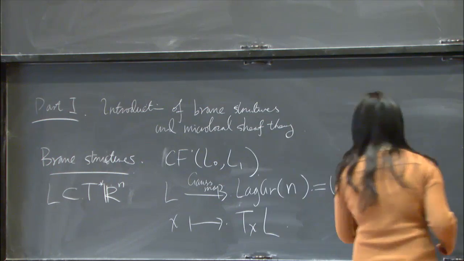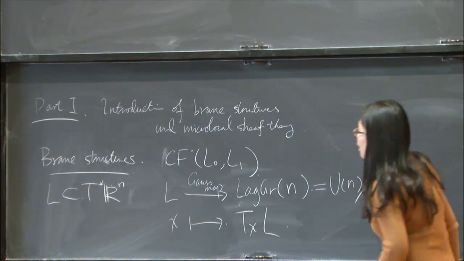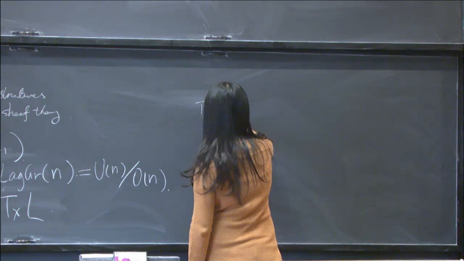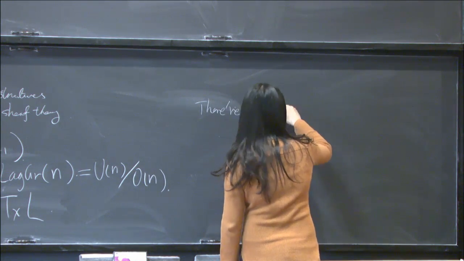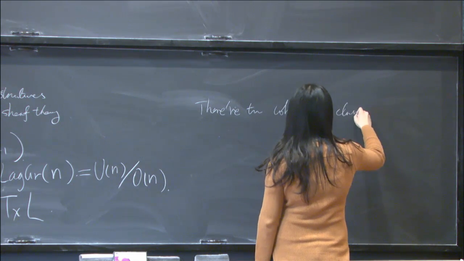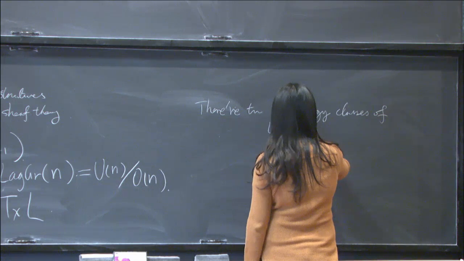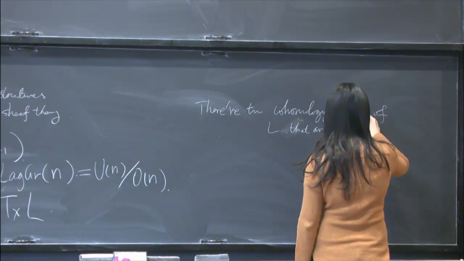Okay. So then from this Gauss map, one can associate two cohomology classes of L that will be the Brane obstructions. Okay.